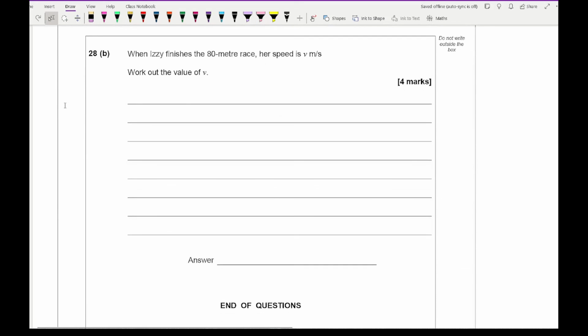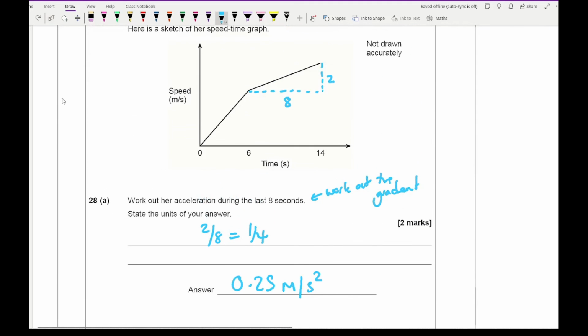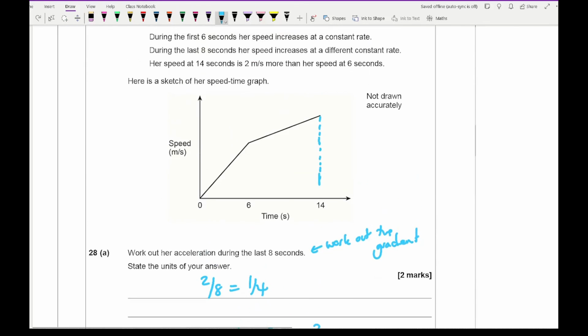Then for our final part, it says when Izzy finishes the 80-meter race, her speed is v meters per second, and the question is asking us to work out the value of v. So basically what they're saying is that the total area under this curve is 80. So if I split this area under the curve into 2 shapes, the total area equals 80.